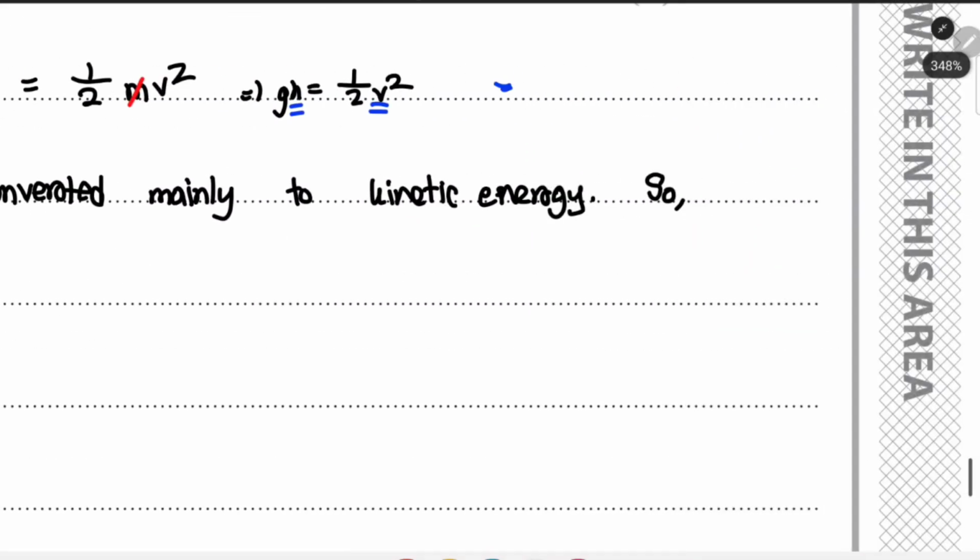And for safety, you can just calculate what v should be. So if we go from here, we get v squared equals 2gh and v equals root 2gh. So we can just mention it in our answer.